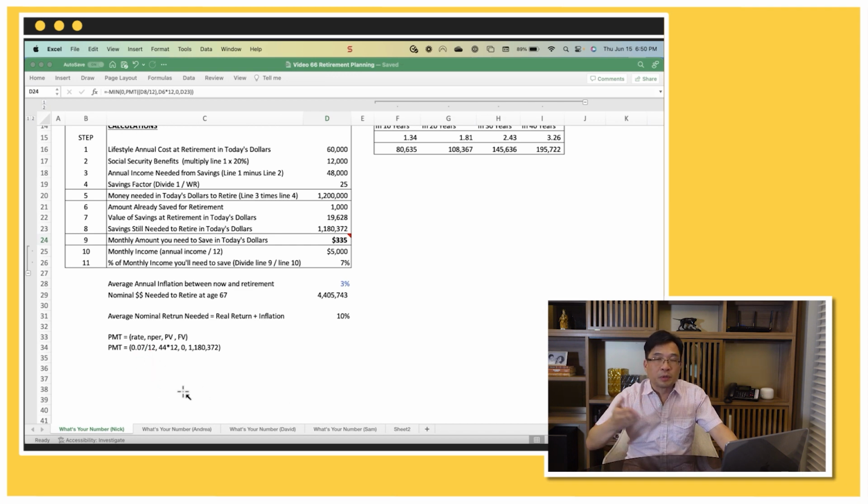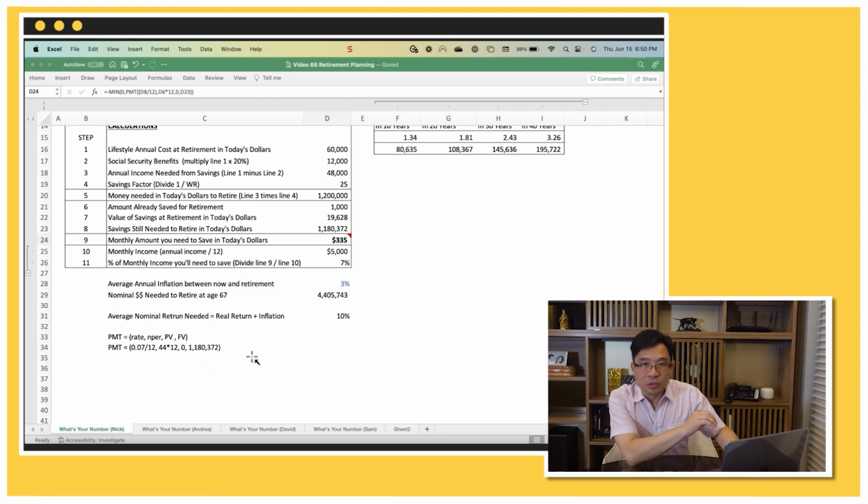So each period is a month, not a year. That means the number of periods is really 44 years times 12. And we are starting with a present value of 0, and our future value that we need is $1,180,372.